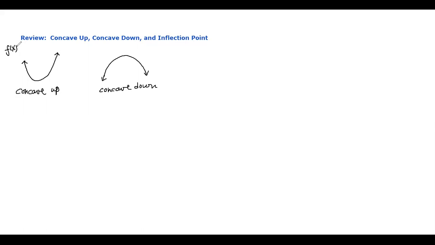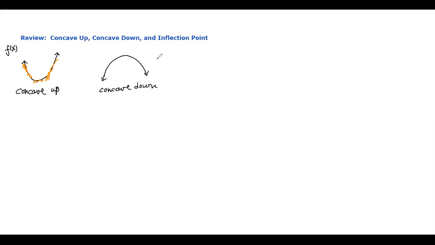For concave up, if you draw the tangent lines, the whole graph will be on top of the tangent lines. That's how we define concave up.